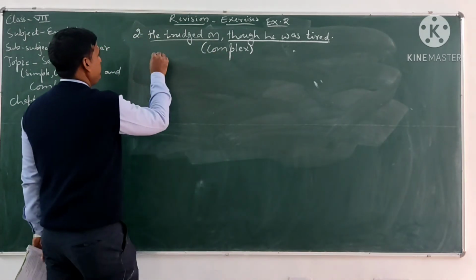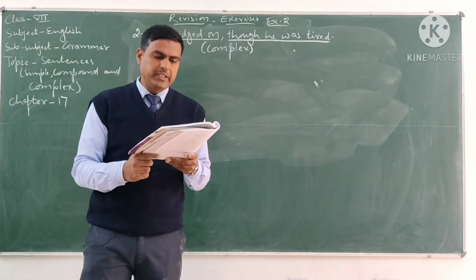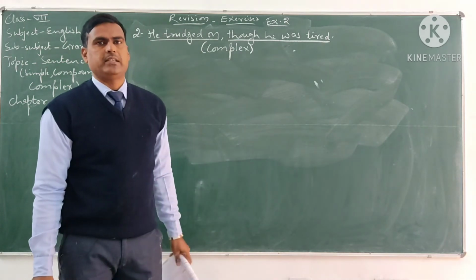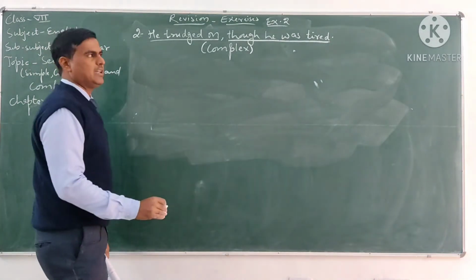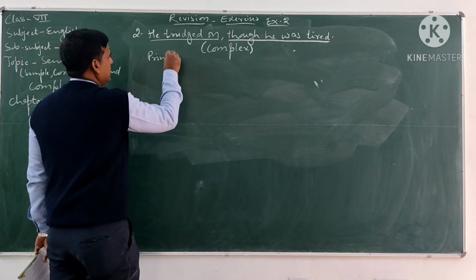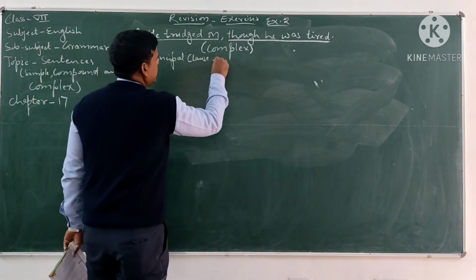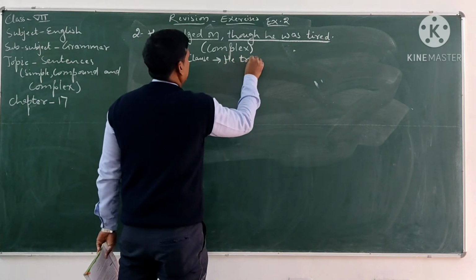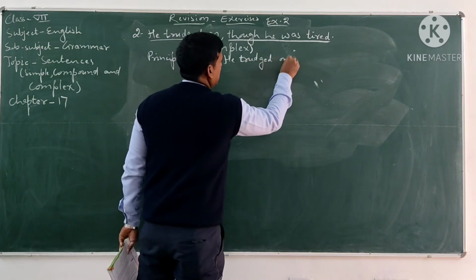If a sentence is complex, divide it into its clauses and state the principal clause and the subordinate clause or clauses. We have only to tell which is the principal clause and which is the subordinate clause or clauses. So the principal clause is he trudged on.